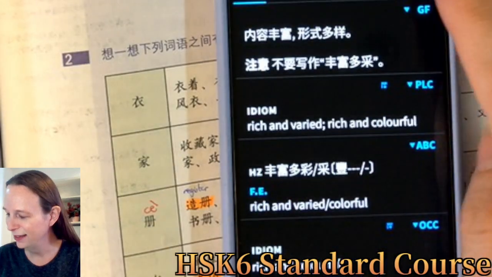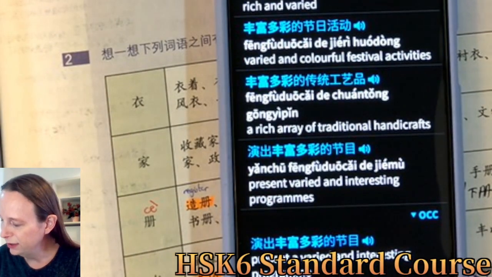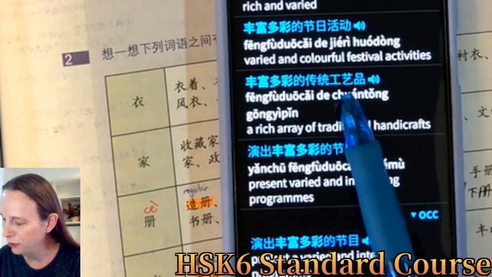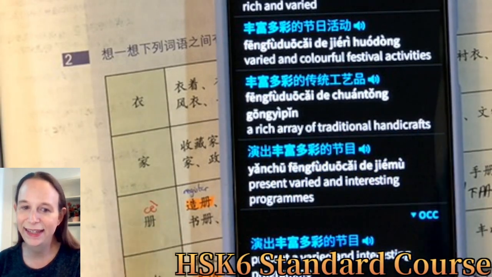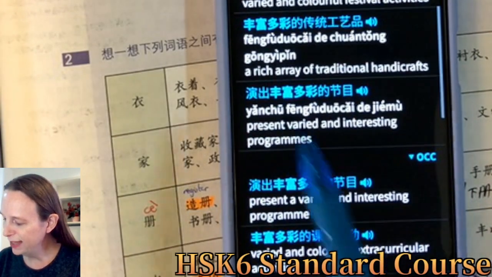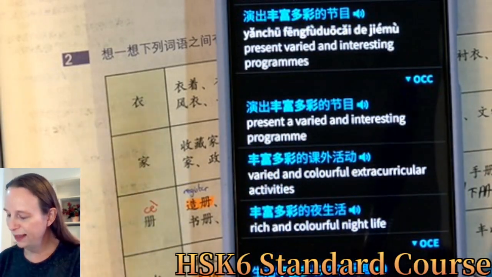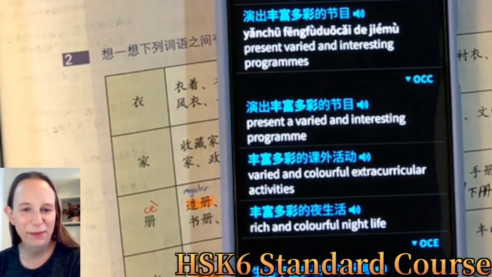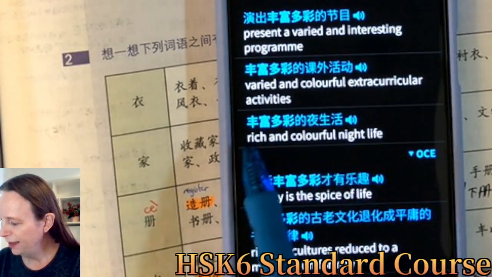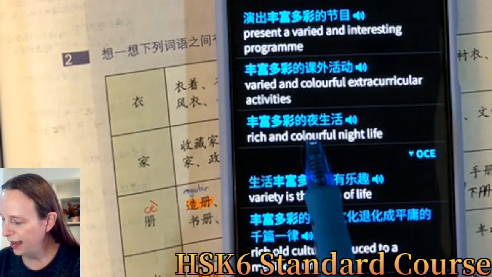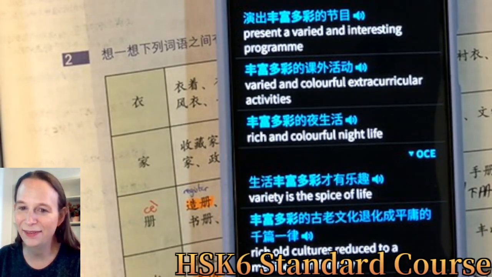That's so confusing. 丰富多彩的节日活动. 丰富多彩的传统工艺品. A rich array. Yeah, so this is a much better translation. 丰富多彩. 演出丰富多彩的节目. So yeah, I would say maybe rich and diverse is a good translation. 丰富多彩的夜生活. Yeah, nightlife. It doesn't mean there's lots of colors.